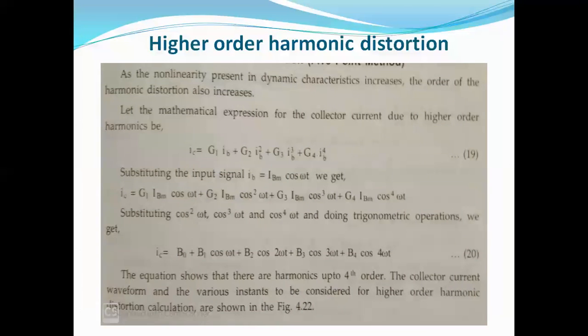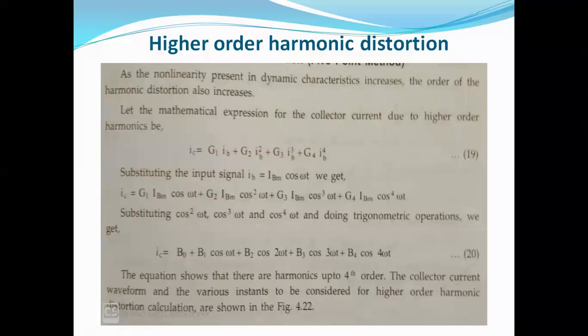So that is called nonlinearity. And if we have some nonlinearity, we may say that we have some distortion in the output. So as the nonlinearity increases, the order of harmonic distortion also increases. That means if we have more harmonics, automatically nonlinearity increases, or if nonlinearity increases, harmonic distortion also increases.